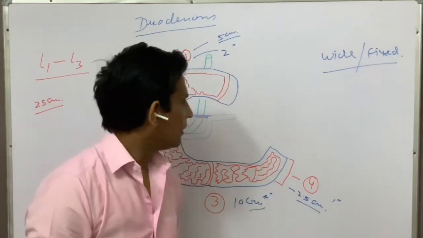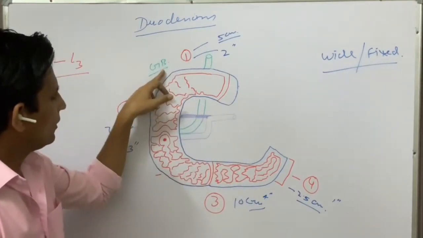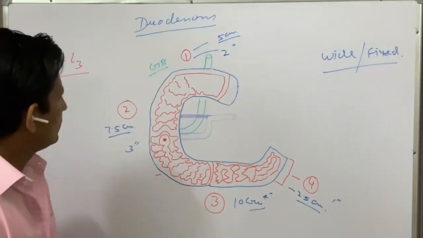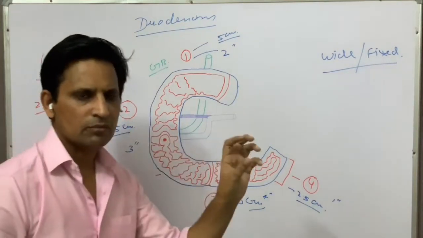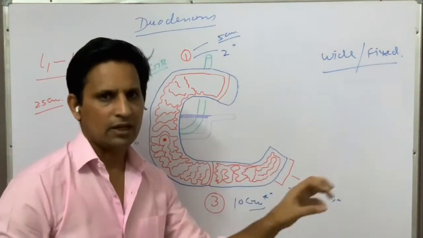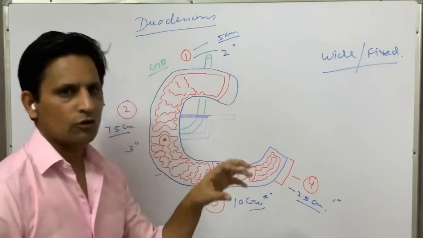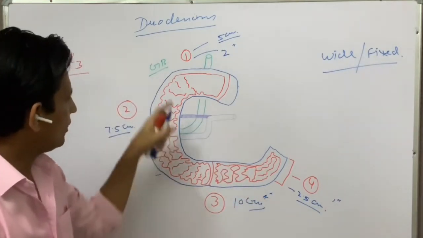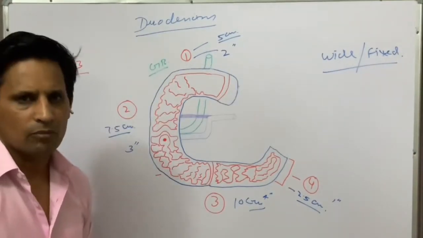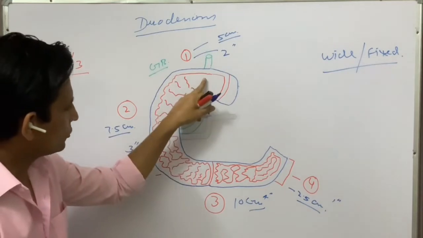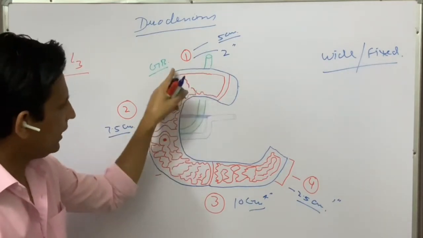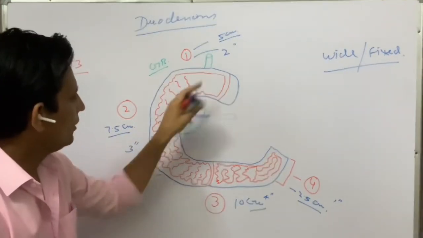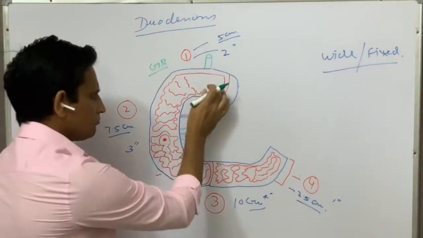One more thing that you can see in the diagram is that the gallbladder is attached to some particular lobe of the liver, and that lobe is the quadrate lobe. That's why the quadrate lobe and the gallbladder are anterior to the first part of the duodenum.